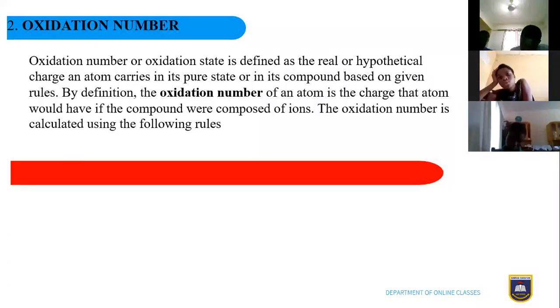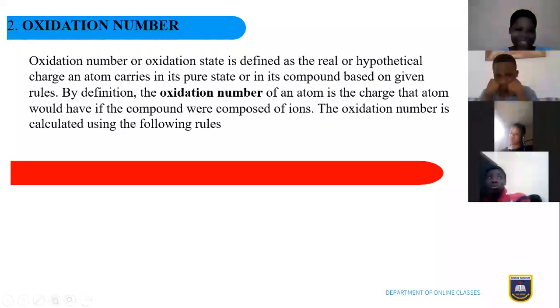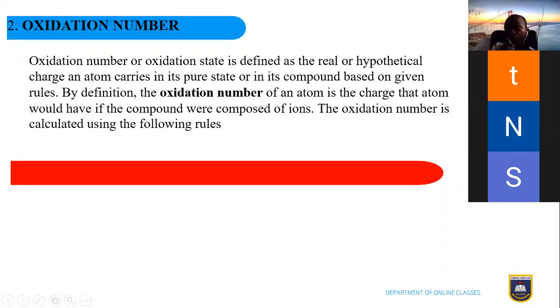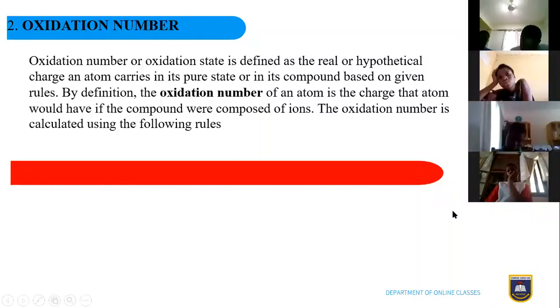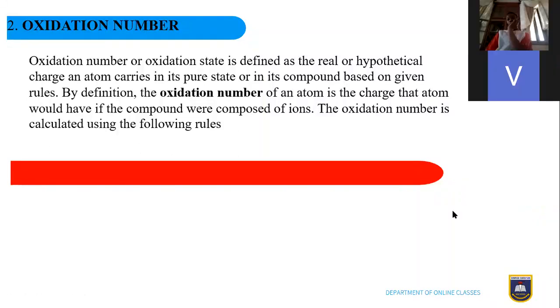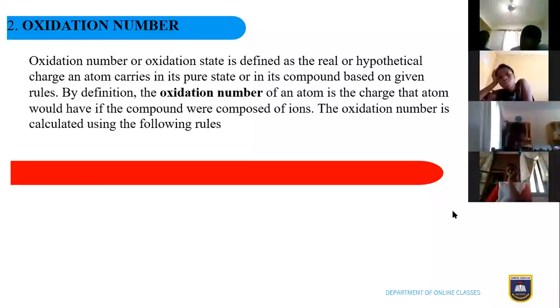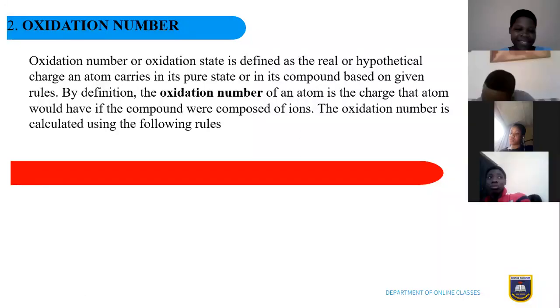You see, CO2 should be called carbon dioxide, based on certain rules. Those rules are what we call IUPAC rules. And we'll look at them as we go along. But this is the definition for oxidation number.